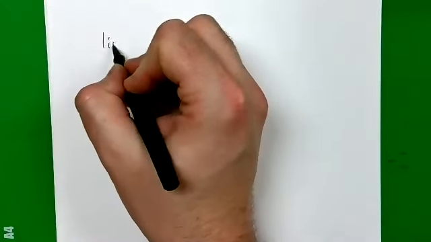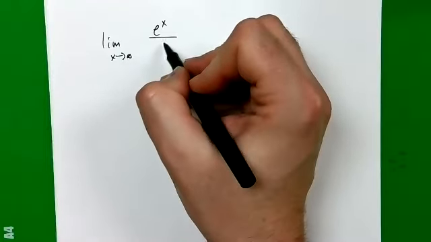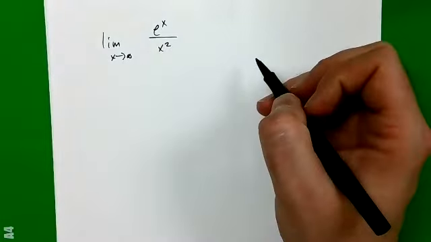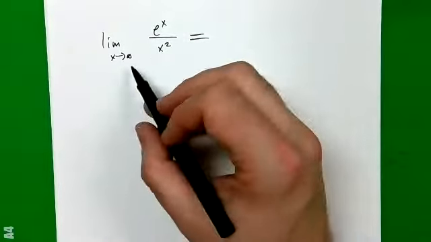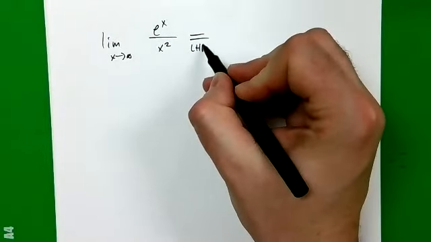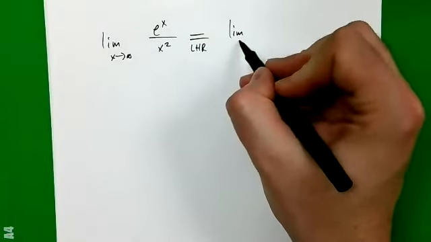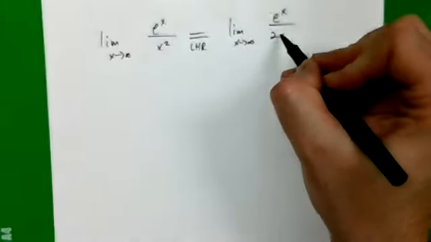For instance, if we take the limit as x approaches infinity of e to the x over x squared, we're approaching positive infinity, so everything here is positive. So when we use L'Hopital's rule, we get the limit as x approaches infinity of e to the x over 2x.